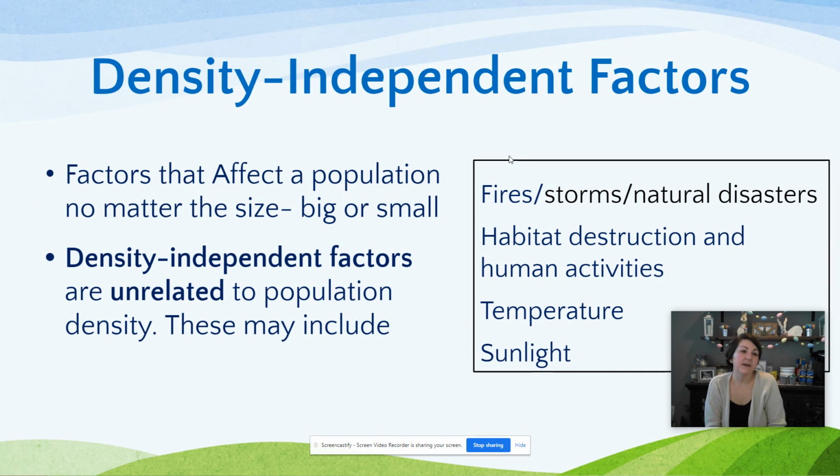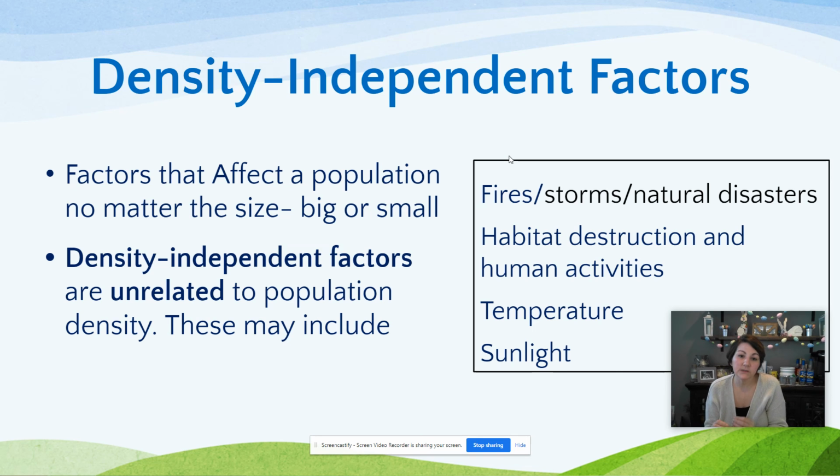The other type of factor is called a density independent factor. And these factors are going to play a role no matter the size of the population. So, for instance, let's say we have a particularly cold winter. Well, the temperature, the fact that it's so low, will affect the population whether it's big or it's small. And so these are things that no matter what the size of the population, it's going to have the same effect on it, big or small.